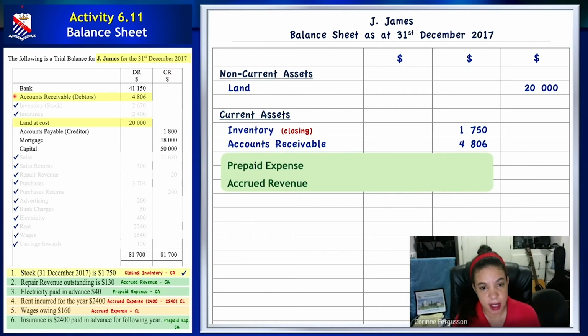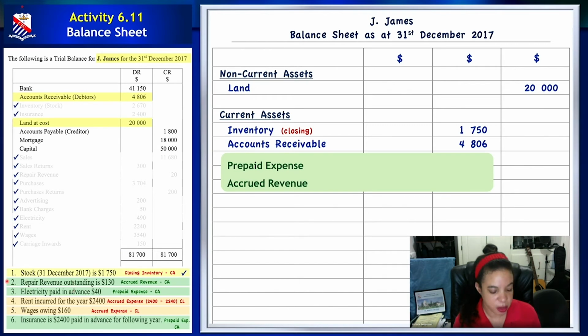Next, and this is the new part for your balance sheet, as we had learned, it is prepaid expense, accrued revenue in any order, but it comes after the accounts receivable. Where will we find that? In our notes. And remember, we had done our little notes to our notes. So we will go down and we will look at our notes here. And since we are under current assets, we're looking at the green areas. We have 1, 2, and 3.